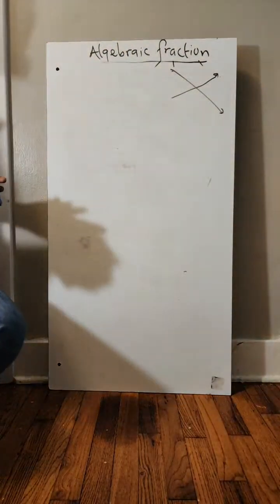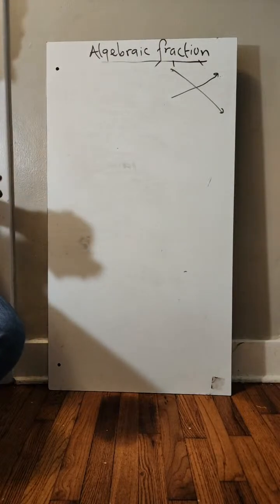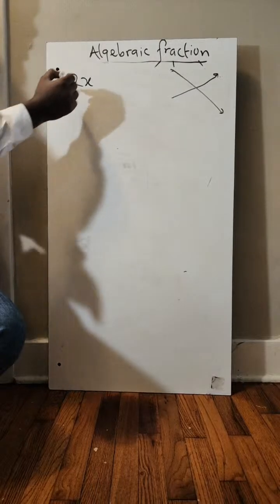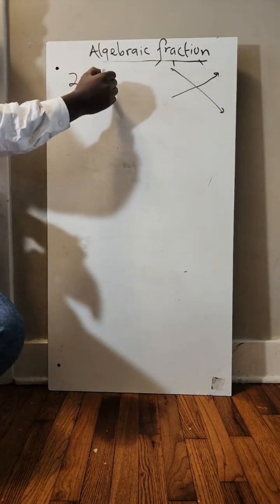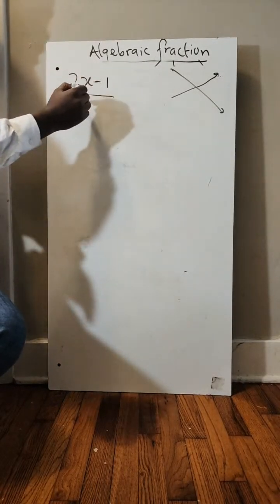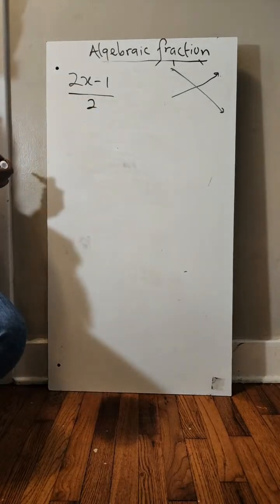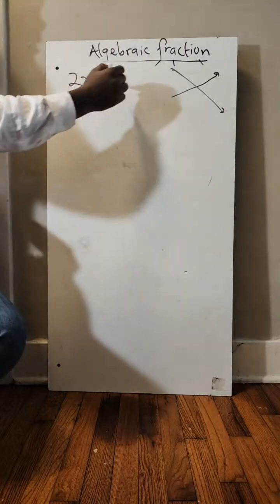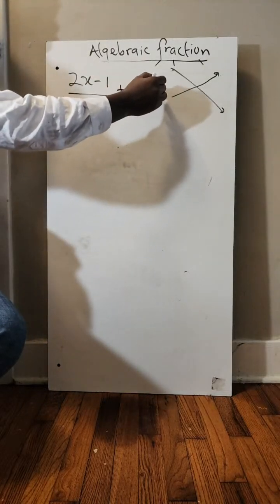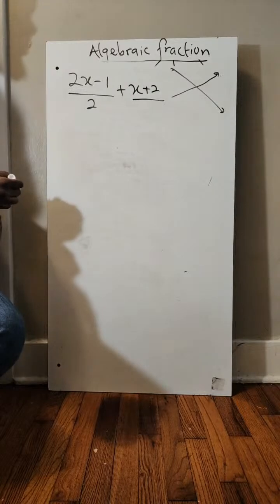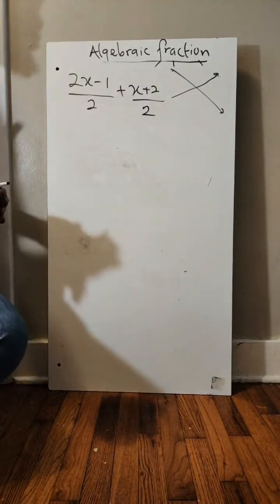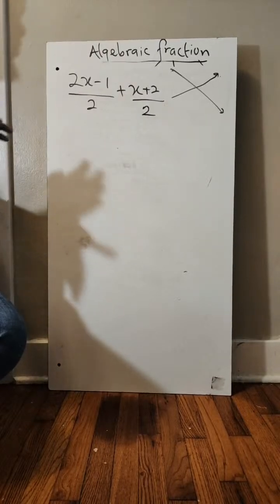For example, we have 2x minus 1 over 2 plus x plus 2 over 2. This is what we have.